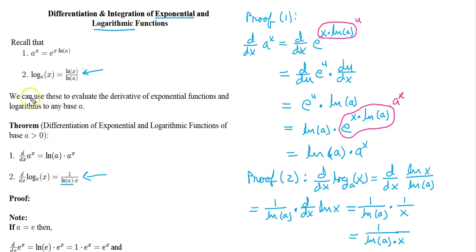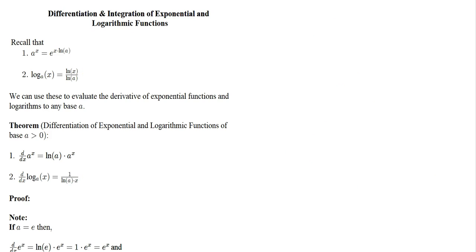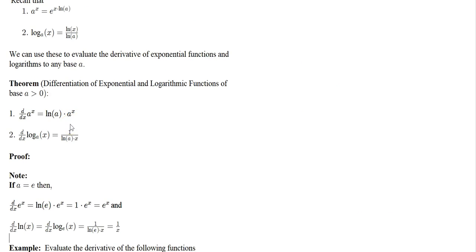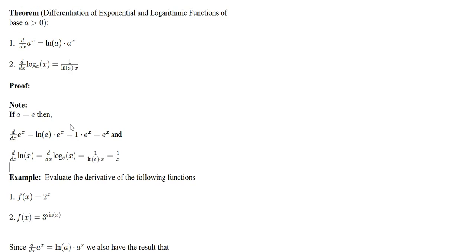Now take note of this. If the a in these two formulas is equal to e, then this just reverts back to our derivative of the natural exponential and natural logarithm function.